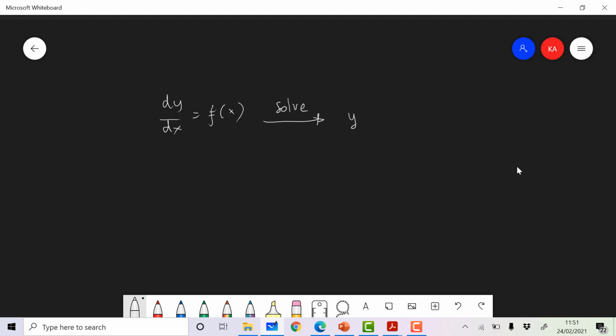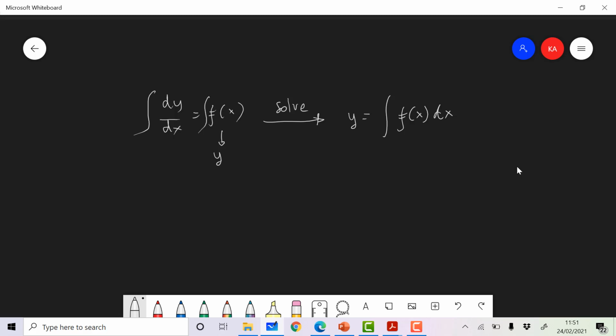So y is equal to the integral of f(x) dx. We make an integration here and also integration here.